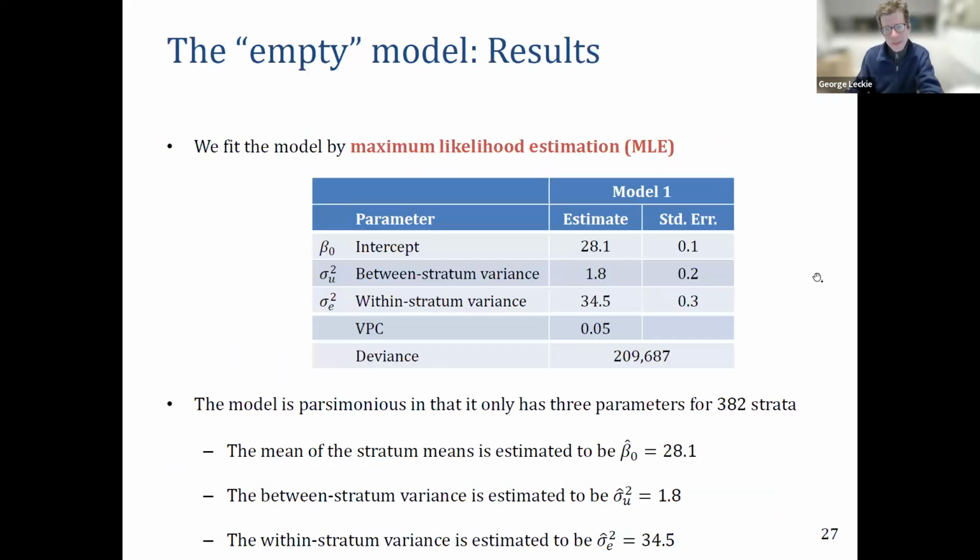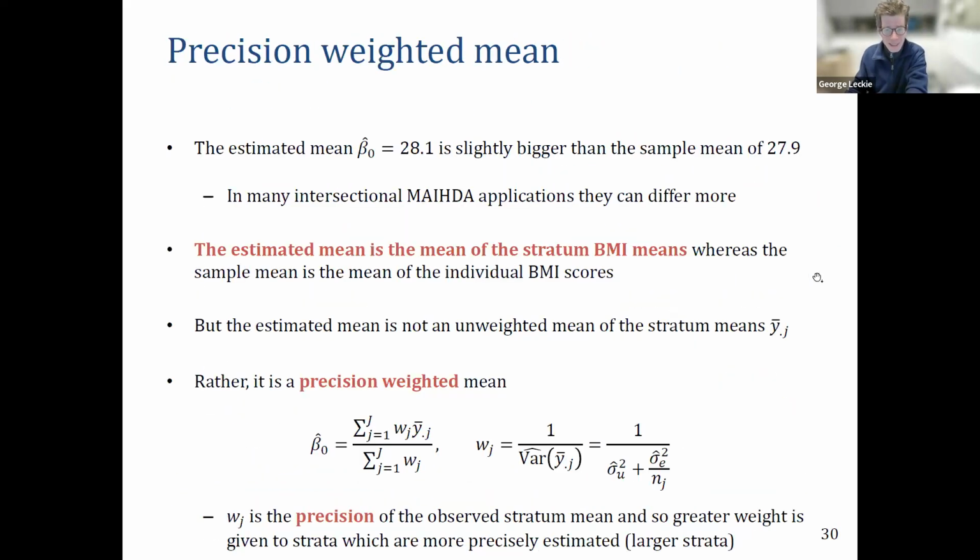So if we get back to that slide here, we can see the algebra. We've got our precision weighted average here. Okay, so we are averaging the observed stratum mean, but we're weighting them by Wj. And Wj is the weight, and it's called the precision.